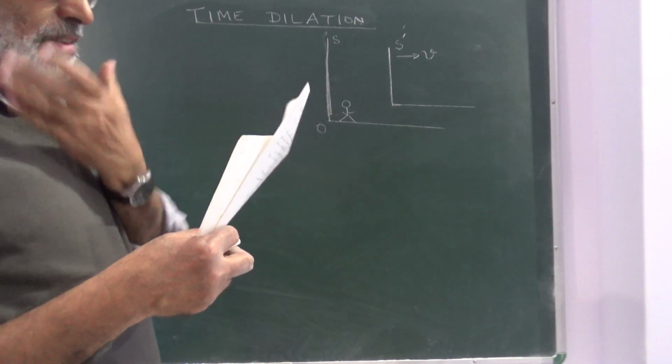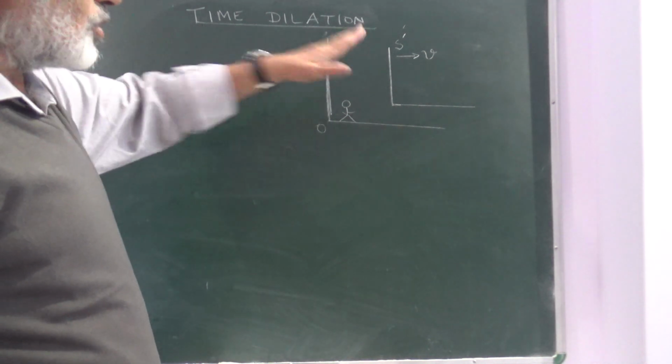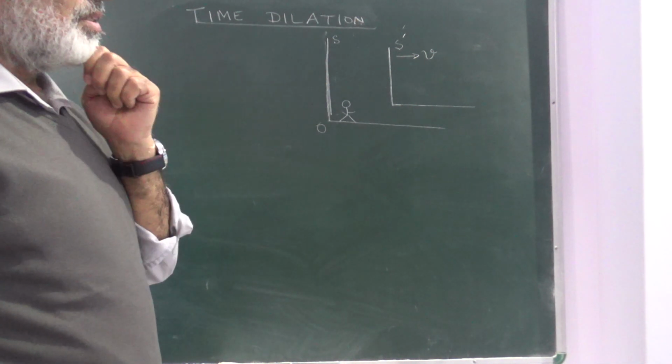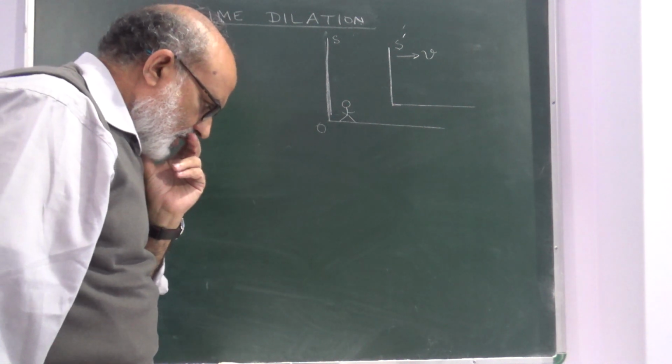Now he measures two events, in this frame and also in the other frame. He measures that the two events occur with a time difference of, say, delta t.